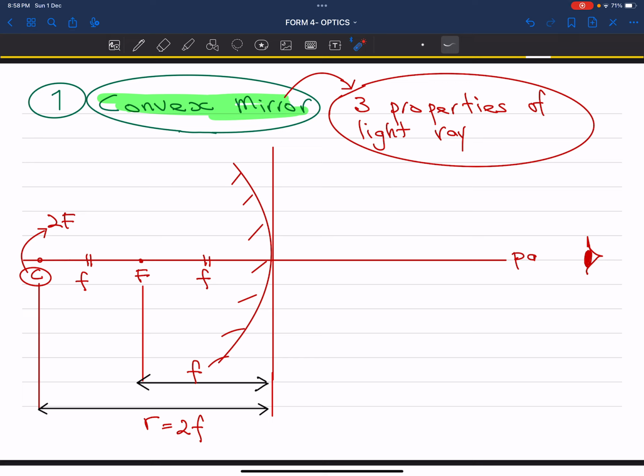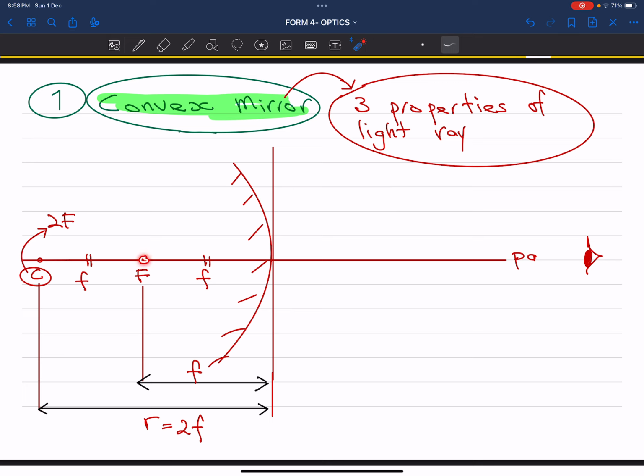And we have a point on the principal axis called the focus point or focal point, symbol F. The distance between the focus point F and the vertical line is small f, the focal length. And this radius R is 2 times the focal length, which means the focal point divides the R into 2 equal parts.